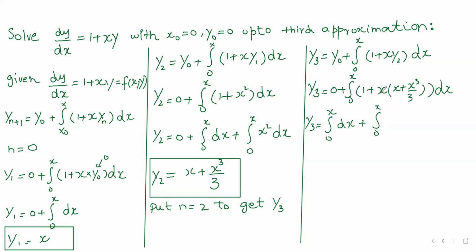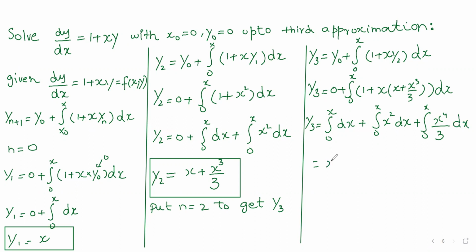It's x multiplied by this one, it will be x squared, right? x squared dx plus the integral from 0 to x of x to the 4 over 3 dx, right?